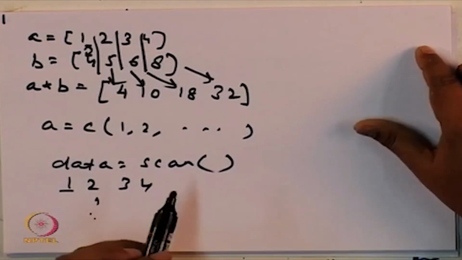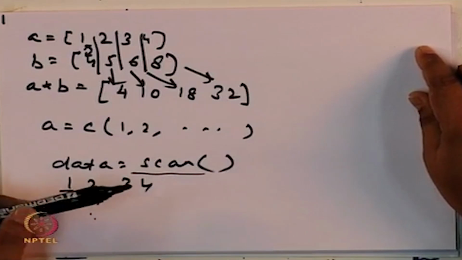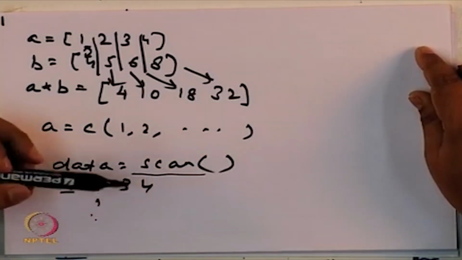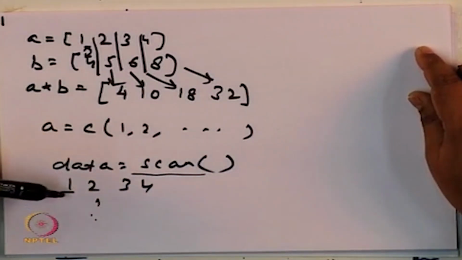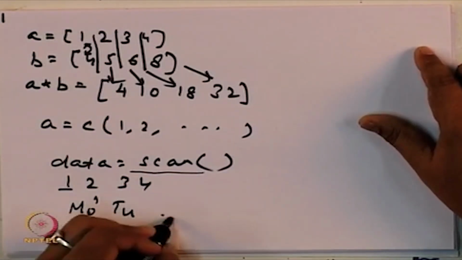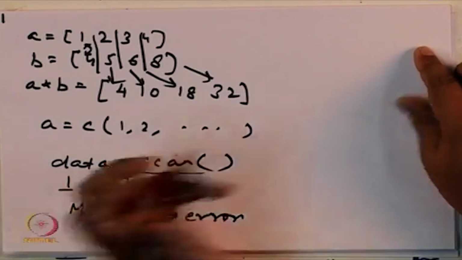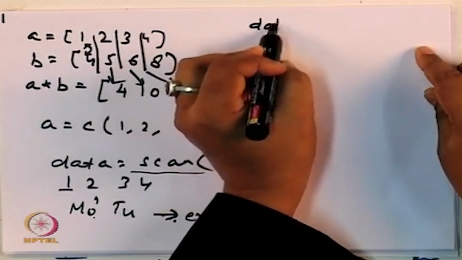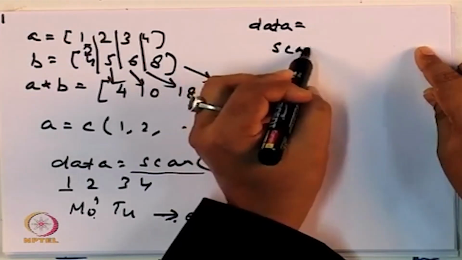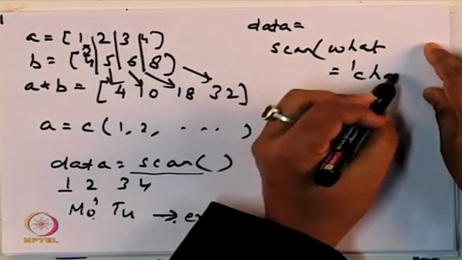Okay. Most important thing to note is in this case when you write the function scan, by default the software assumes that these numbers are real. So if I write Monday or Tuesday, then immediately this will give an error. The way around it is to write data is equal to scan and you have this additional term, what is equal to char.